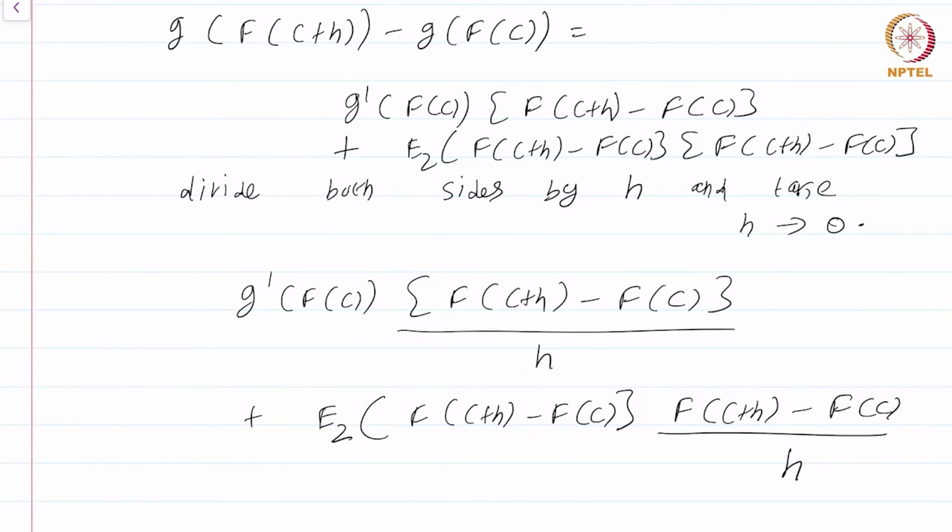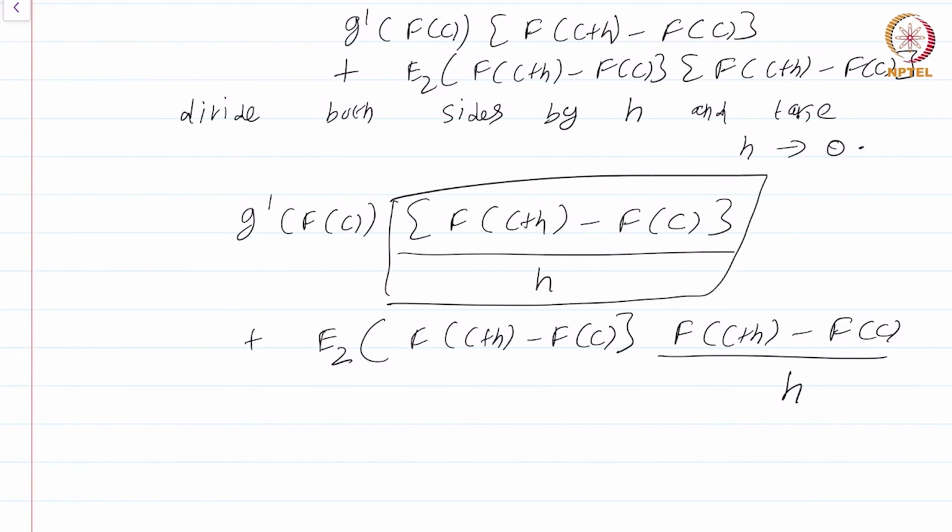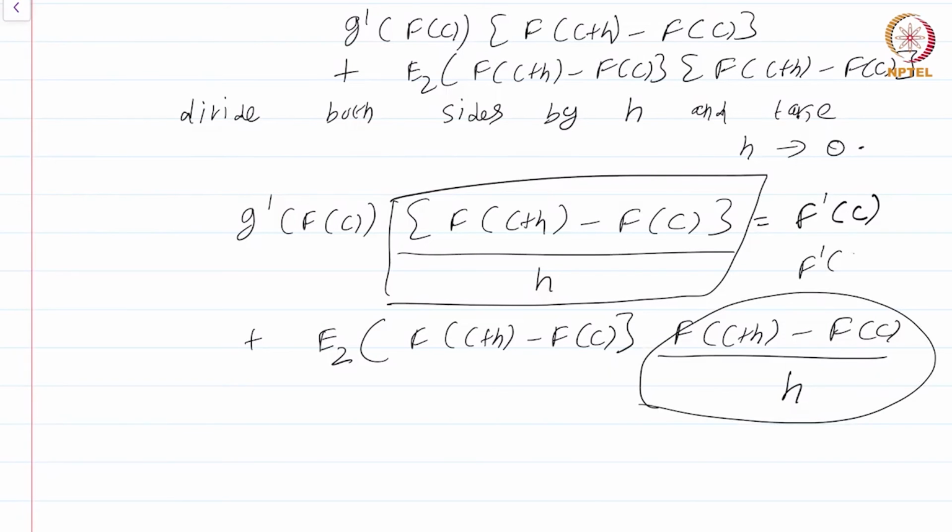I don't think so. Now as limit h goes to 0, this quantity just becomes f prime at the point c, right? And this quantity also becomes f prime at c. But the quantity inside E2 will approach 0 because f is continuous at the point c, because f is differentiable at the point c.